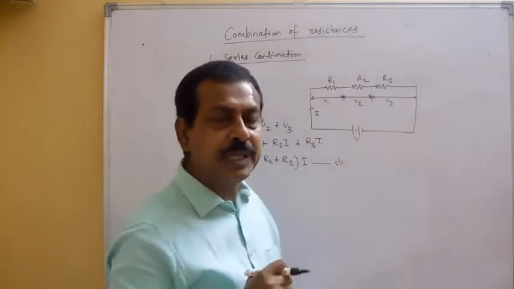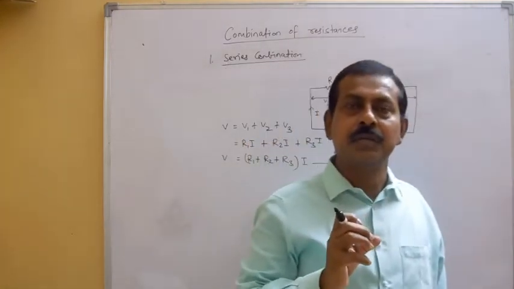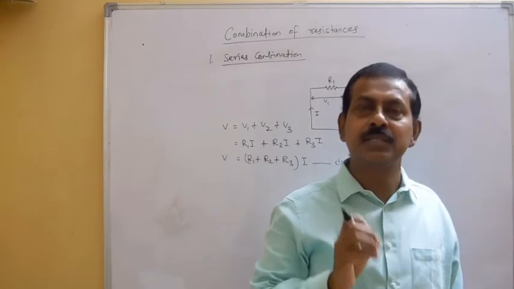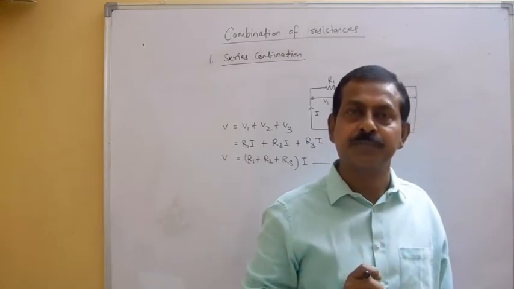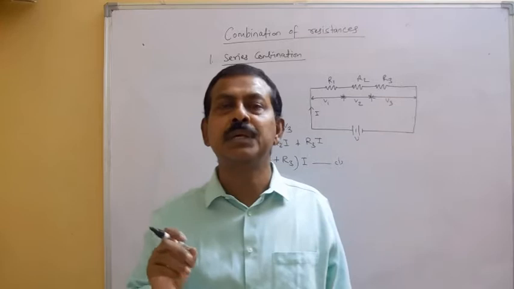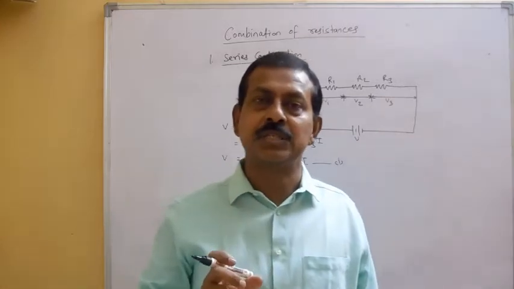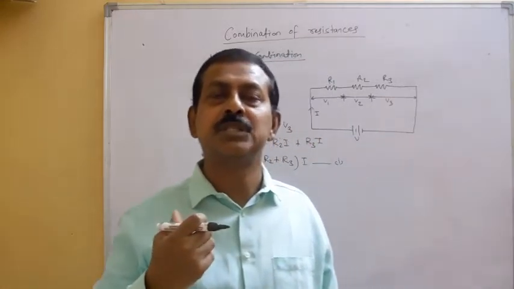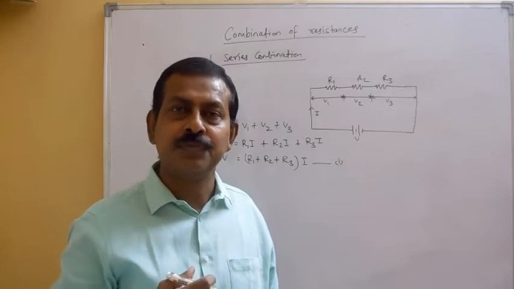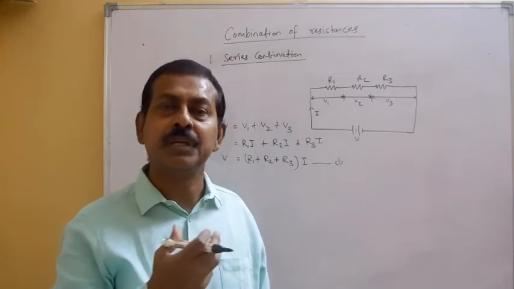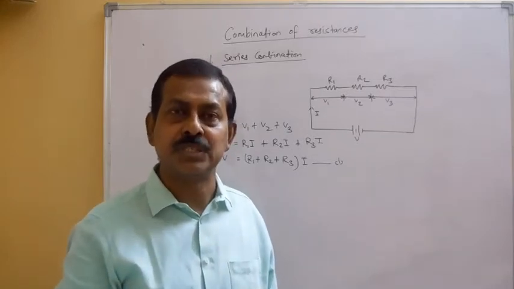Now we assume that R is the equivalent resistance of the given network. Equivalent resistance will be the single resistance which will give the same result as produced by the given network of resistances.